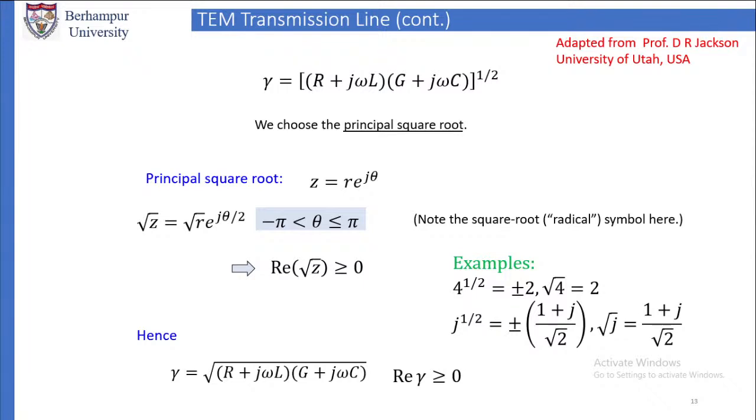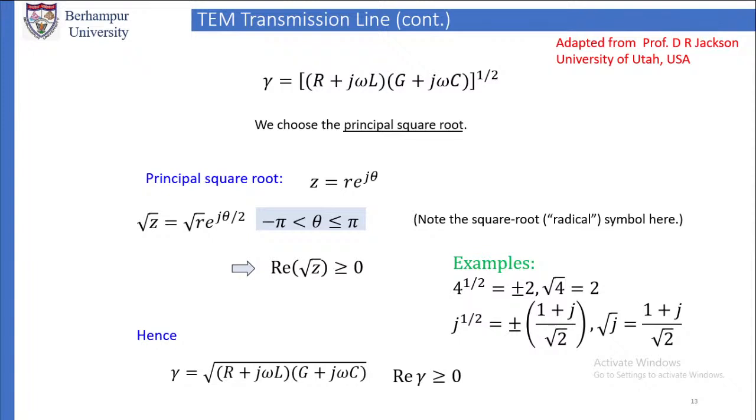Now, for the principal square root, let us say z is a complex number. So z will be in the form r into exponential j theta. Any complex number small z can always be written as r exponential j theta.